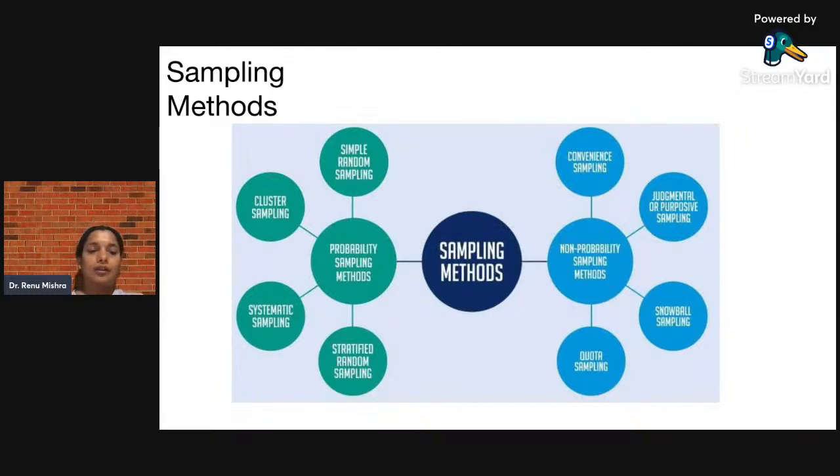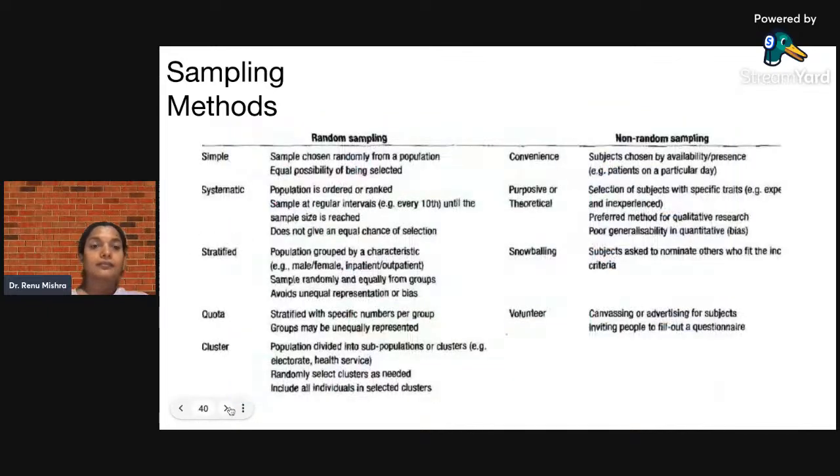There are certain types of random and non-random sampling as well. You have simple, and systematic, like every fourth person will be a participant in my study.